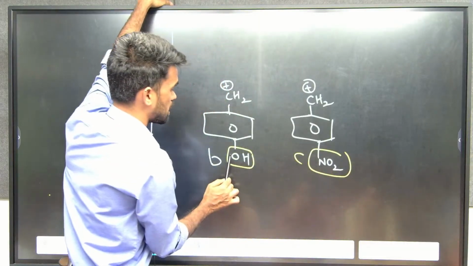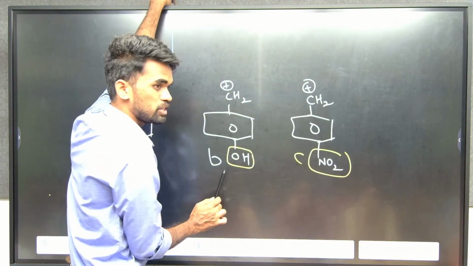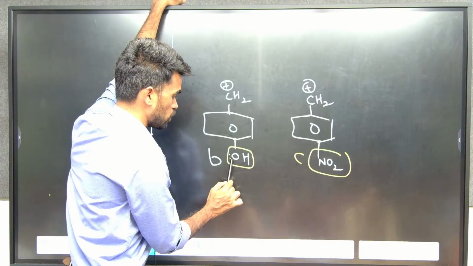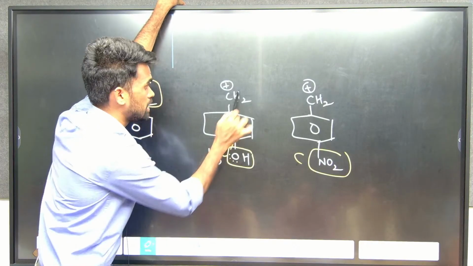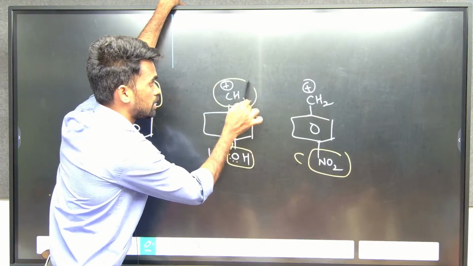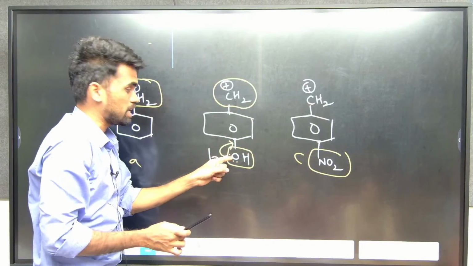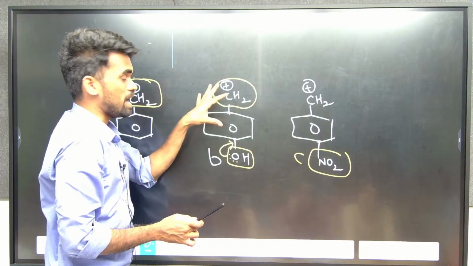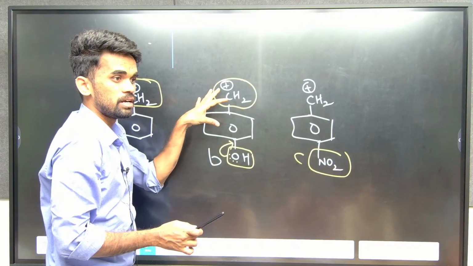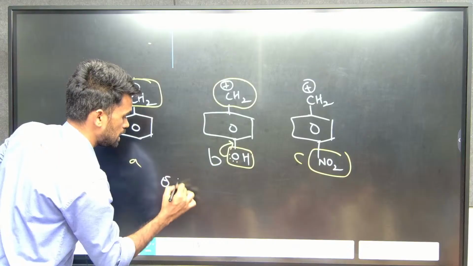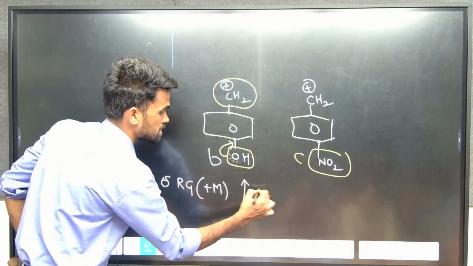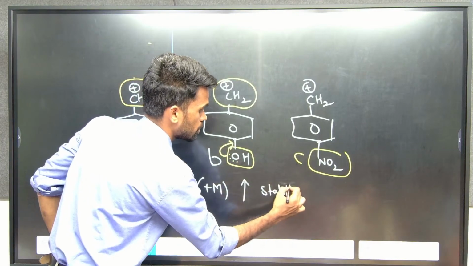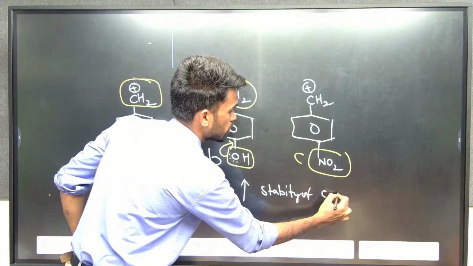So what is the nature of this OH group, releasing or withdrawing? See, this has lone pair electrons, so it will activate the ring by donating electrons. This fellow also requires electrons, so he is helping by giving them. So what happens to the stability of this carbocation? Electron releasing groups, particularly plus M groups, increase the stability of carbocations.